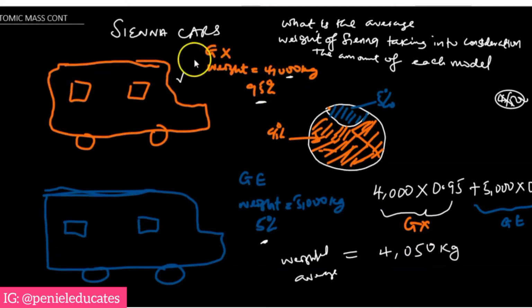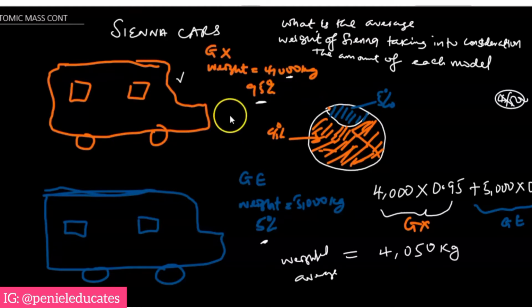Because we have more of this Sienna in circulation than the Sienna GE. So we just have 5% of this. So the weighted average is very close to this particular weight because we have more of it in circulation.